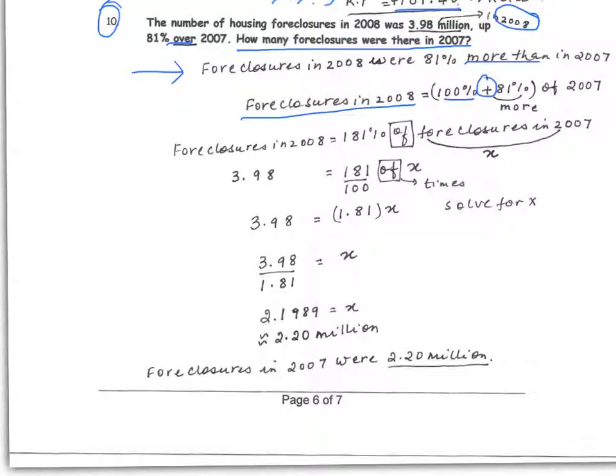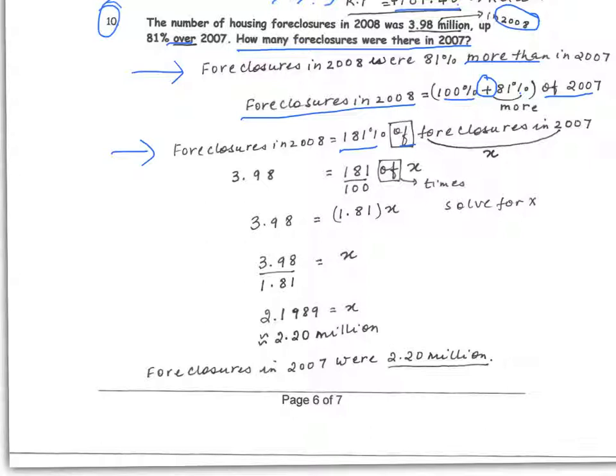So that's the reason why we add the 81% of the foreclosures in 2007. So foreclosures in 2008 is equal to 181%. So 100 plus 81 is 181% of the foreclosures in 2007.